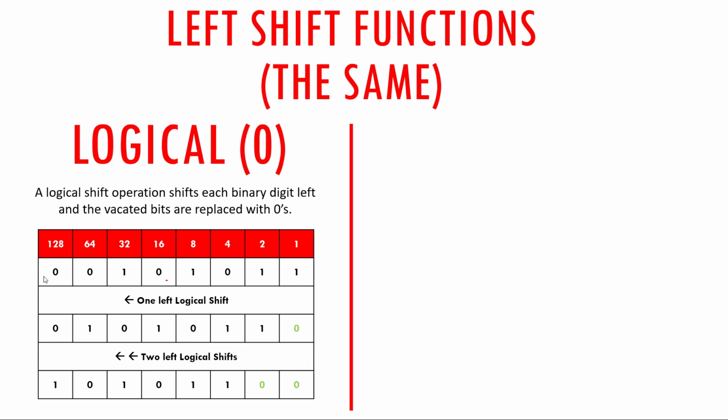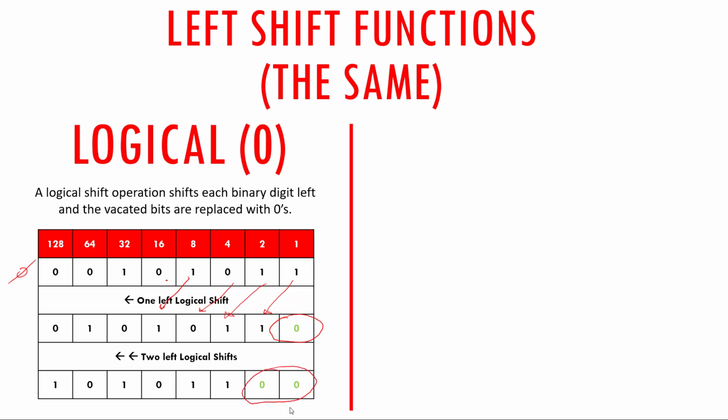So if you shift everything to the left, that 0 pops off, so that 0's here now, which gets disregarded. And whatever moves up, so that one goes to there, and that one goes to there, and that one goes to there, and that one goes to there. The new bit is a 0 in a logical shift. All right? Two left logical shifts, 2 zeros.